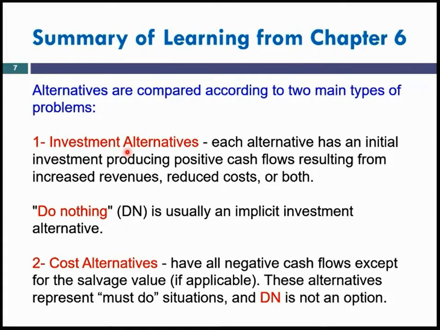In investment alternatives, each alternative usually has an initial investment, initial spending, and later they produce positive cash flows. And for investment alternatives, if there are alternative A and alternative B, you don't need to select one of them. You can also select the do-nothing alternative. Do-nothing alternative means that you are not selecting A, you are not selecting B, you are simply doing nothing.